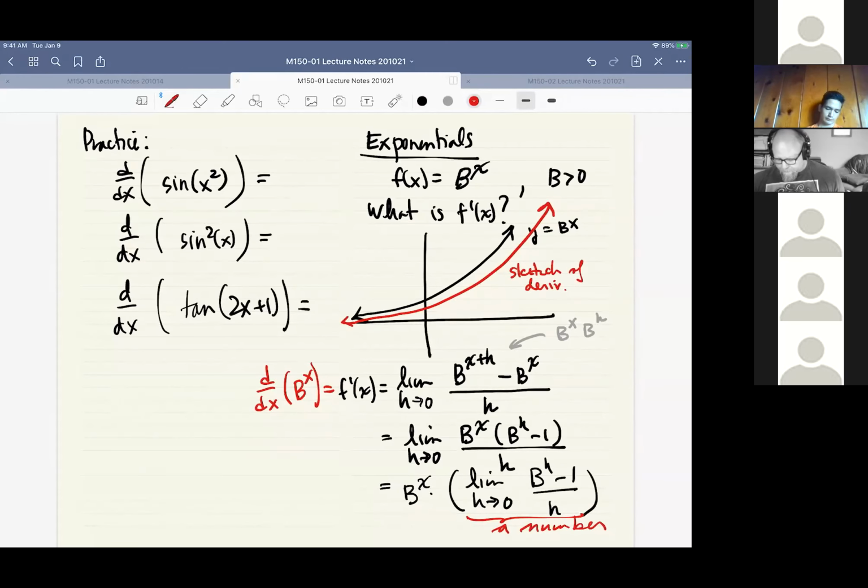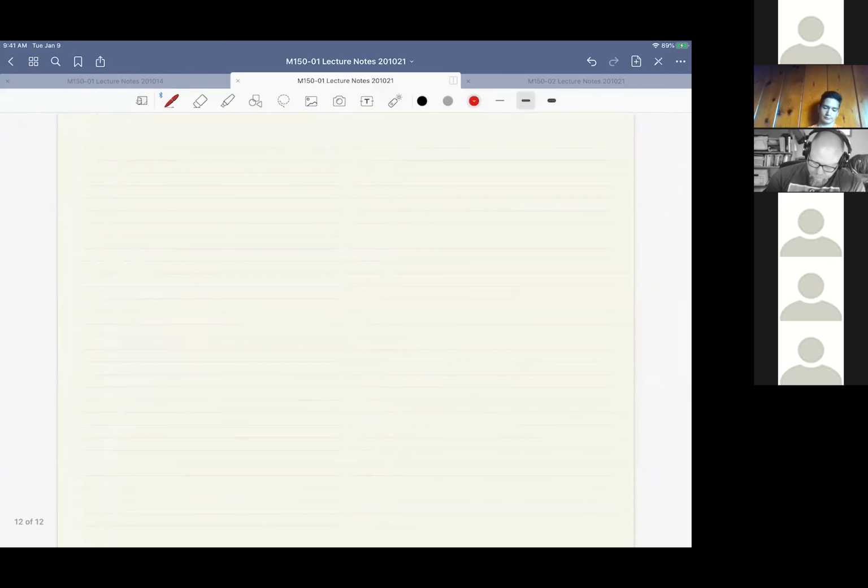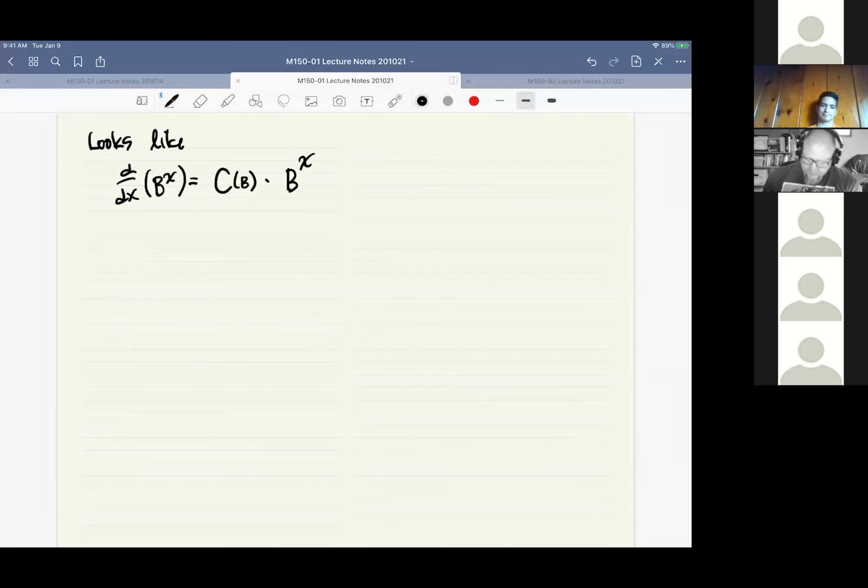Okay. And it looks like it's a number that depends upon b. So I'm going to rewrite this on the next page. Looks like the derivative of b to the x is some constant I'll call c, that looks like it depends upon b, times b to the x.